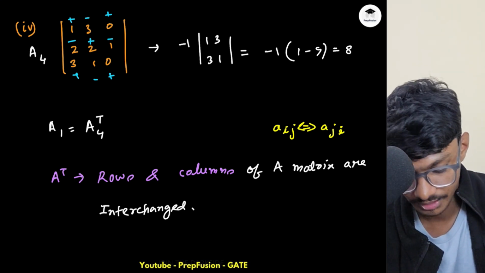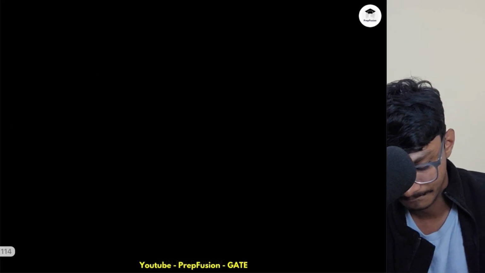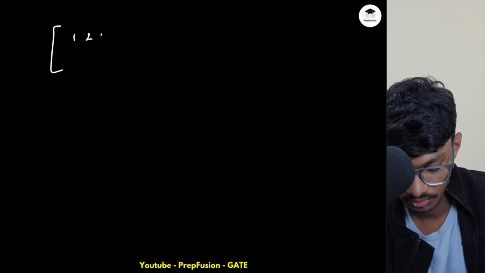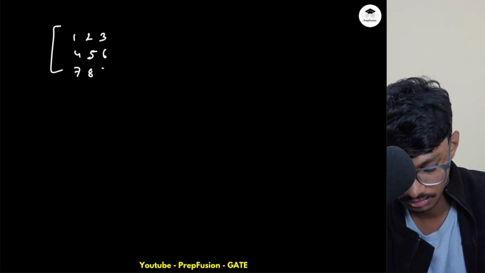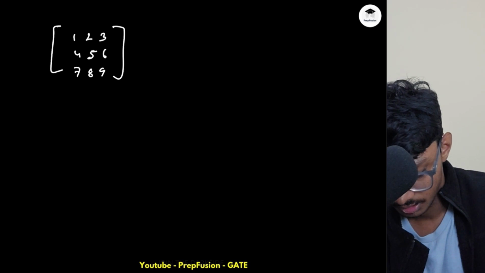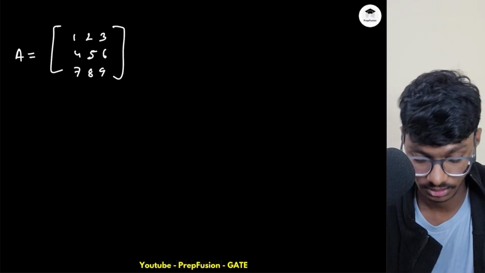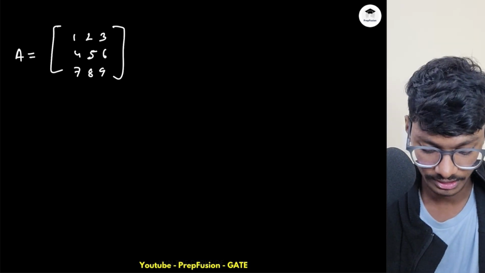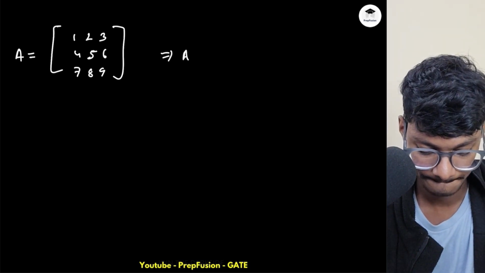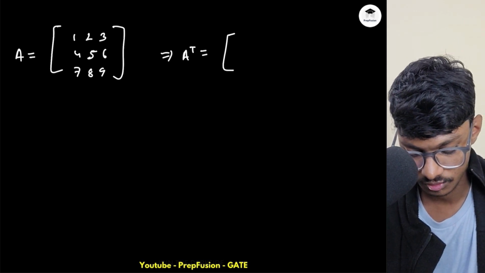So if I take one example, 1 2 3 4 5 6 7 8 9, this is A. If this is A, what will be the A transpose? A transpose is simply, I will interchange the rows and columns.